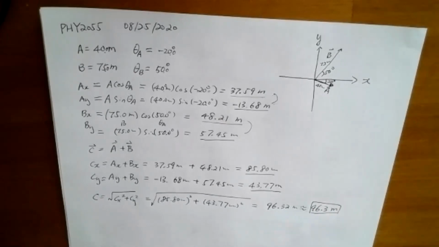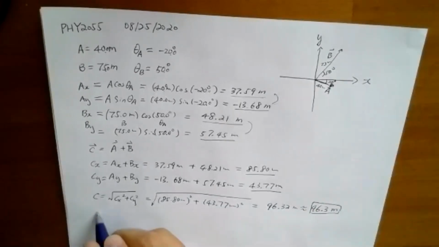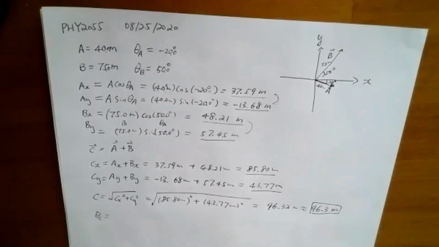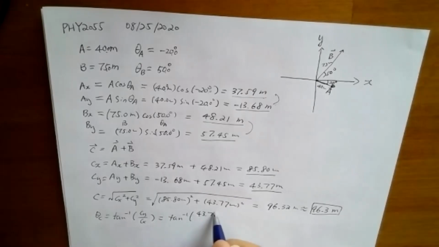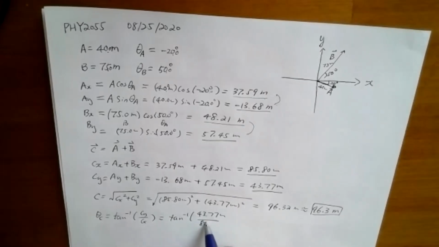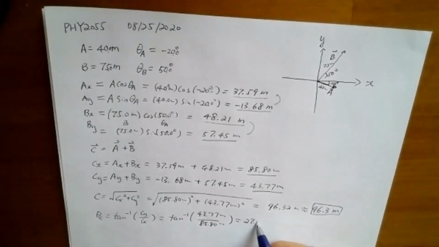For the directional angle, it should be tangent inverse of Cy over Cx. So tangent inverse of 43.77 meters over 85.80 meters. That will give me 27.03 degrees, roughly 27.0 degrees.